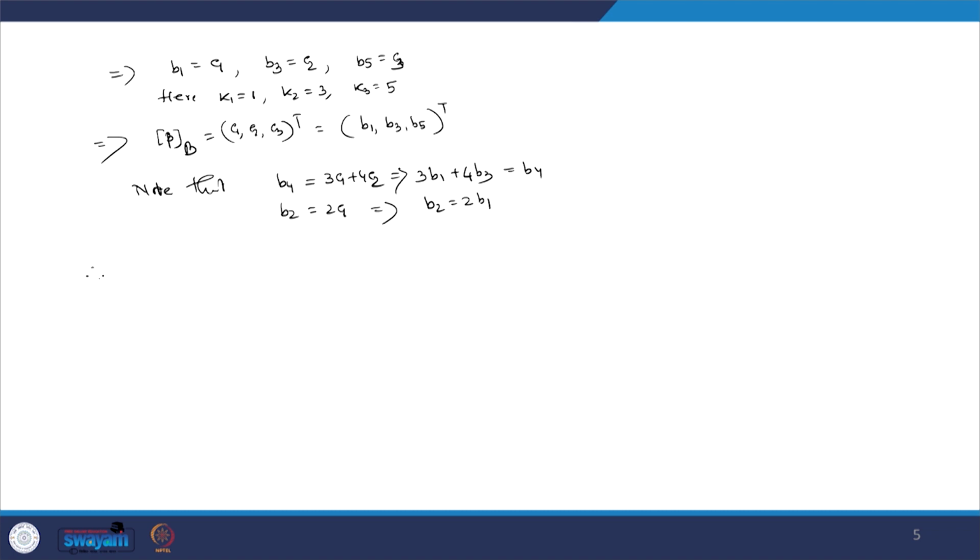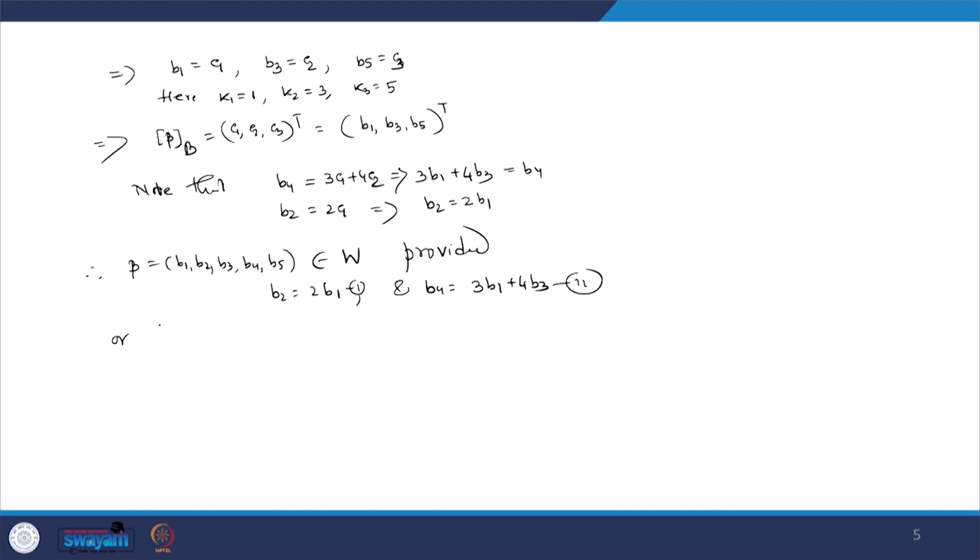So beta equal to (B1, B2, B3, B4, B5) will be in W provided B2 is equal to 2 B1 and B4 equal to 3 times B1 plus 4 B3. So, this is the condition on B1, B2, B3, B4, B5 so that beta will be in W. These are the two conditions, 1 and 2.